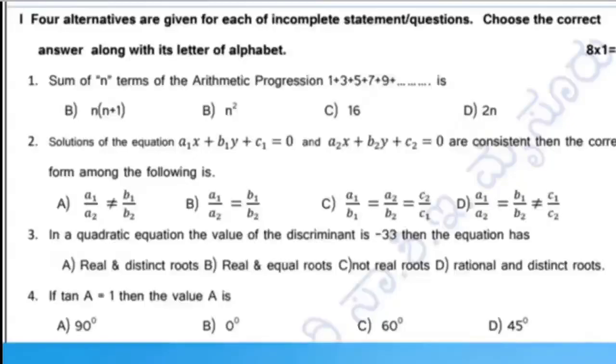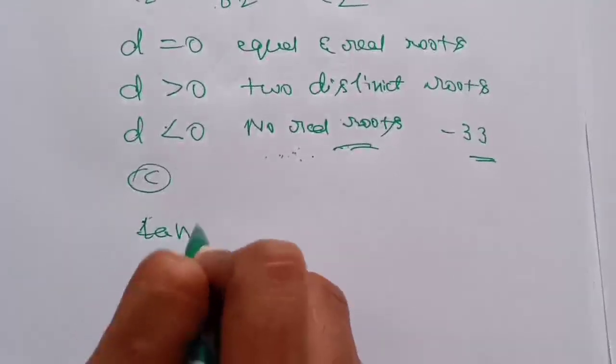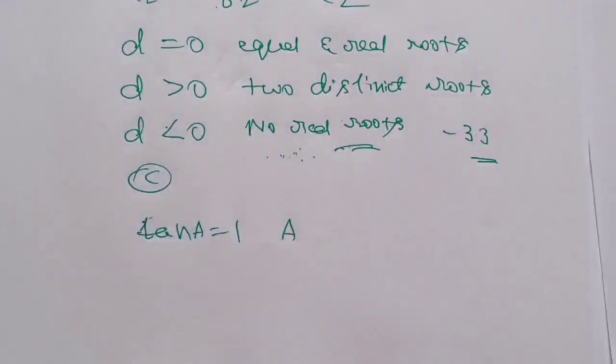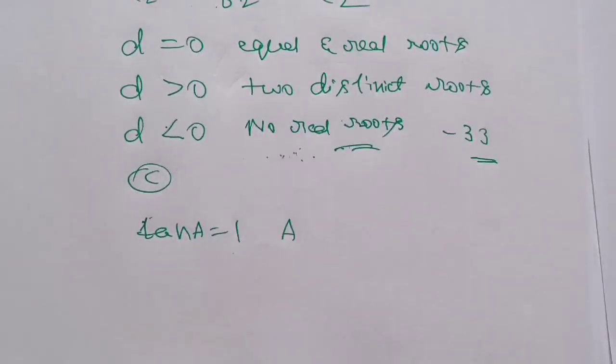Okay, children, now we will move on to the next question. If tan A equals 1, what is the value of A? Simple. Tan A equals 1. Now what is the value of A? Just check in which angle the value 1 will come.